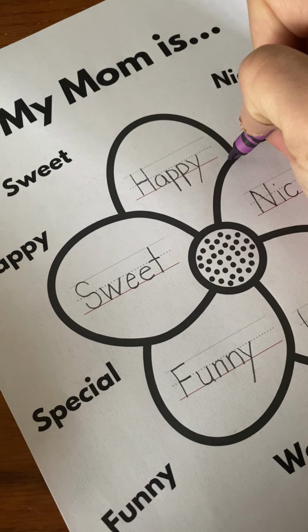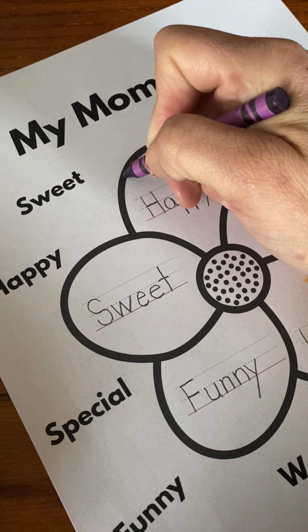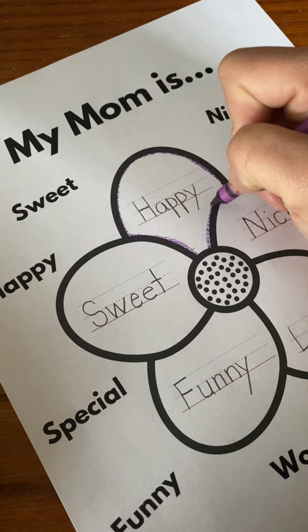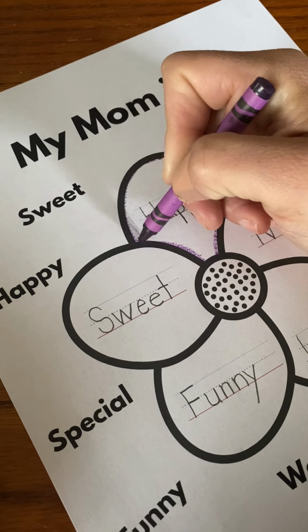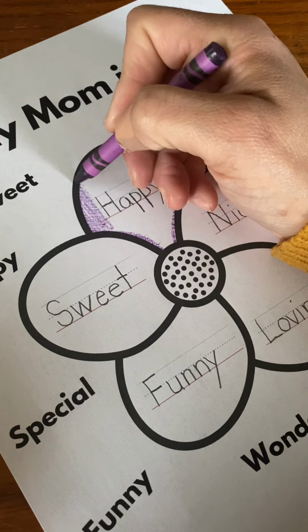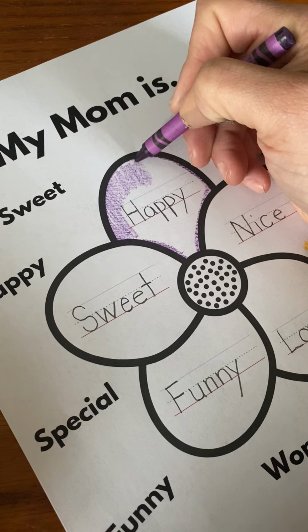So ready? We're going to outline first. And then we're going to color. And Miss Barbara's going up and down. So you want to try to color up and down.